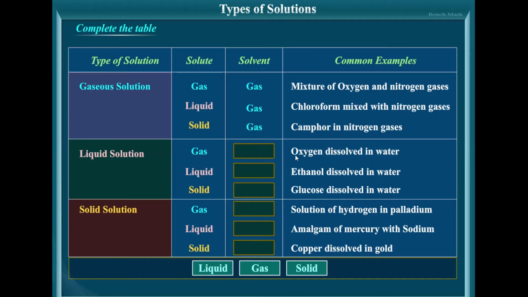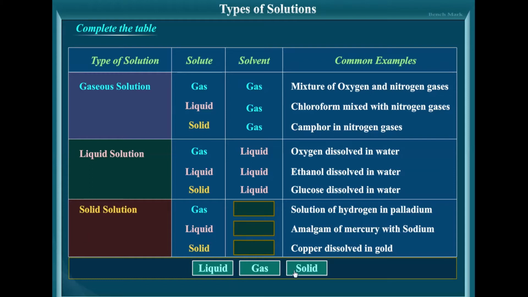Liquid solutions: gas in liquid, for example oxygen dissolved in water. Second, ethanol in water, where both solute and solvent are liquids. Third, solid in liquid, for example glucose dissolved in water. Here also liquid is the solvent.